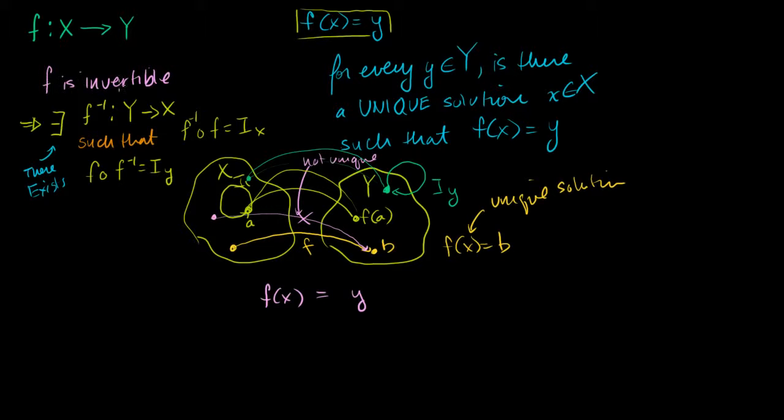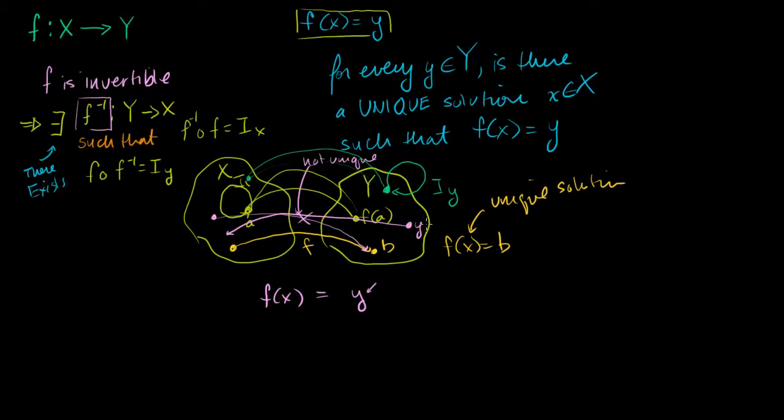So given that f is invertible, we know that there is this f inverse function, a mapping from y to x, and I can apply it to any element in y. So let's say that this is my y right there. I can apply my f inverse to that y, and I'm going to go over here.